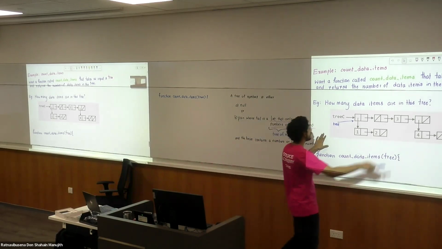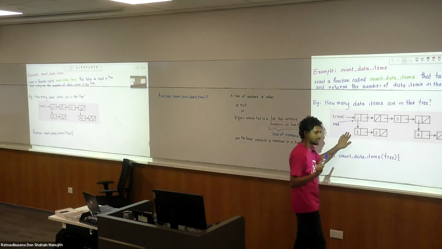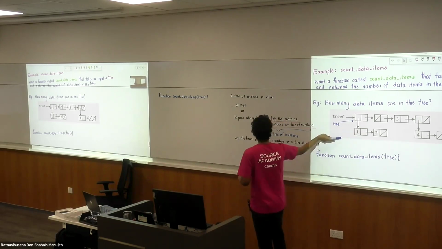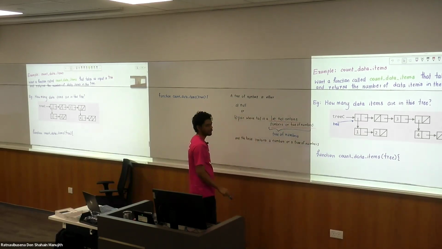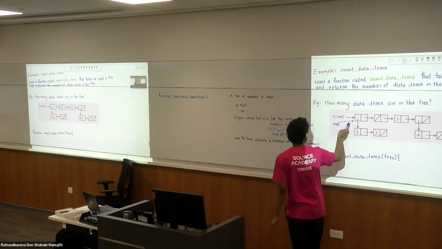So now we have this huge tree that we want to find the number of data items in, right? But is this tree of numbers null? No, it's not null, because it's pointing to something.